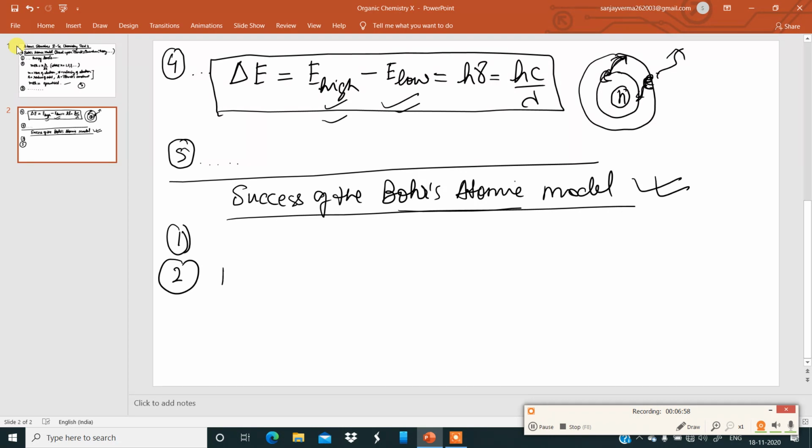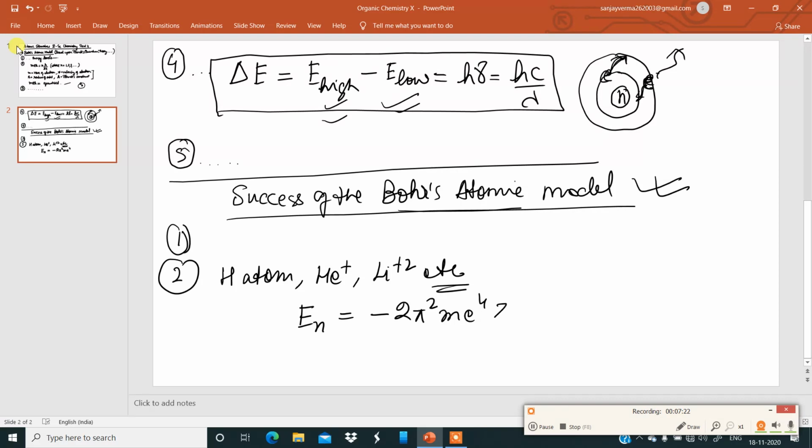That means if you take either hydrogen atom or hydrogen-like atoms like He plus or Li plus 2, etc., the energy of the electrons in various orbits can be calculated by using a formula. En is equal to minus 2 pi square me4 z square divided by n square h square. This is a very important formula to remember.